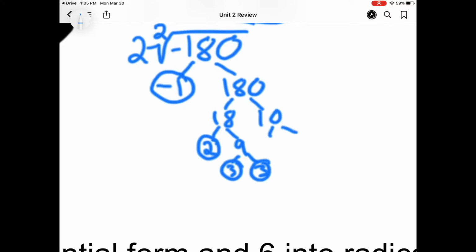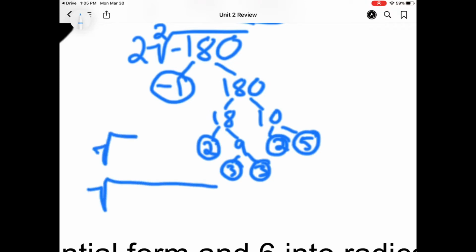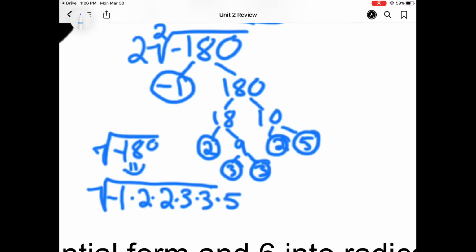Then we have to come back to 10, because 10 is not prime. We have 2 times 5. 2 and 5 are prime. So through this whole thing, we have the square root of negative 180 turns into negative 1 times 2 times 2 times 3 times 3 times 5.